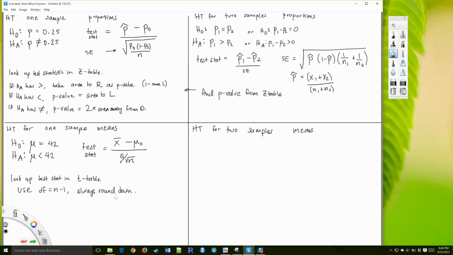All right, and then hypothesis test for two sample means. We'll do mu1 is equal to mu2, or it can also be written as mu1 minus mu2 equal to 0. And then the alternative is that they're different or something like that.